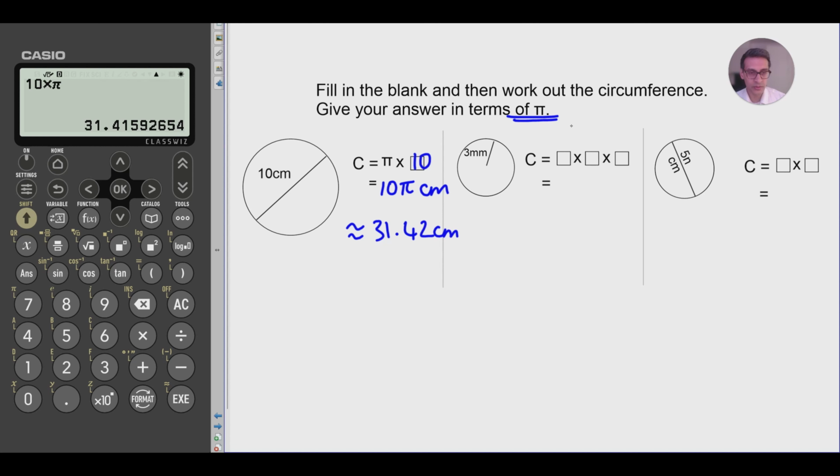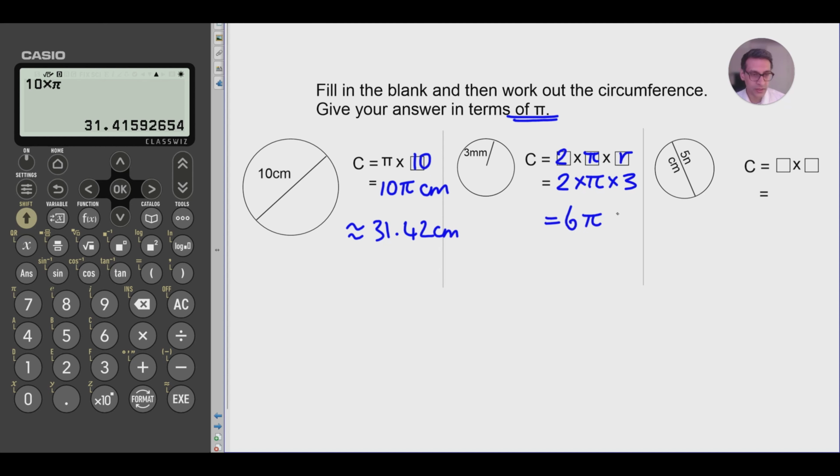So second question, we've got the radius, so we're going to do 2 times pi times r. So remember, there's 2 formulas. They are the same formulas, very, very easy to remember. So this is going to be 2 times pi times, now the radius here is 3. We don't really need a calculator for this. It's just 2 times 3, which is 6 pi.